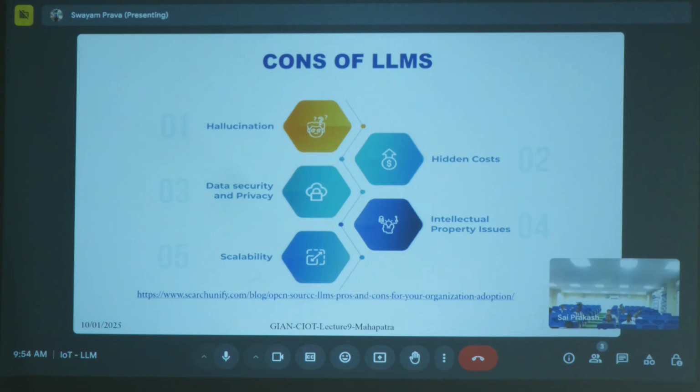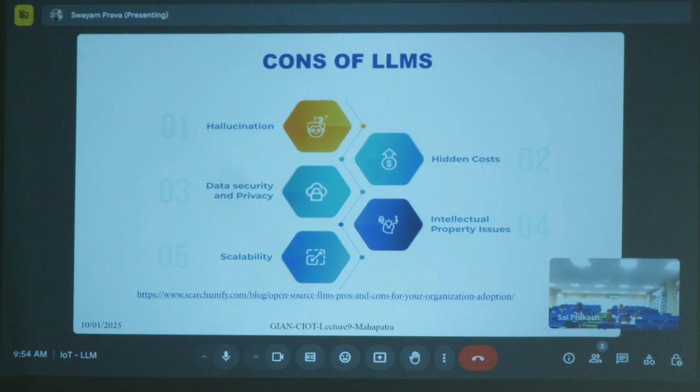So organizations would need to invest in high performance servers, ensure regular software updates, and allocate resources for training staff to use the system effectively. And even training a large language model like GPT-3 requires millions of dollars in hardware and electricity, which we may not think of at first.